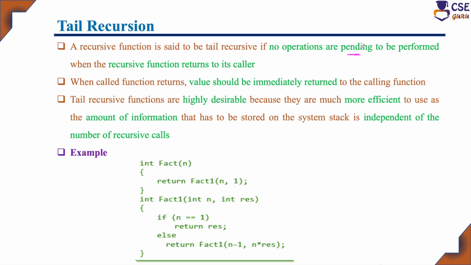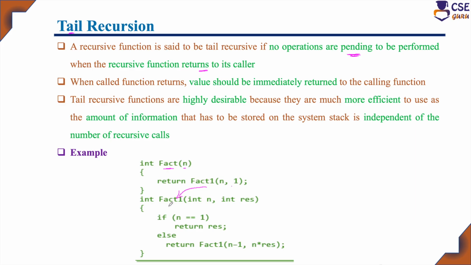Whenever the user-defined function returns to the function call, if there is any pending operation at that time, that is what matters for tail recursion. When the recursive function returns to the caller, the presence or absence of a pending operation is the key. So if you consider the example, this is the factorial function with n value, and it will call another function, fact of n comma 1.